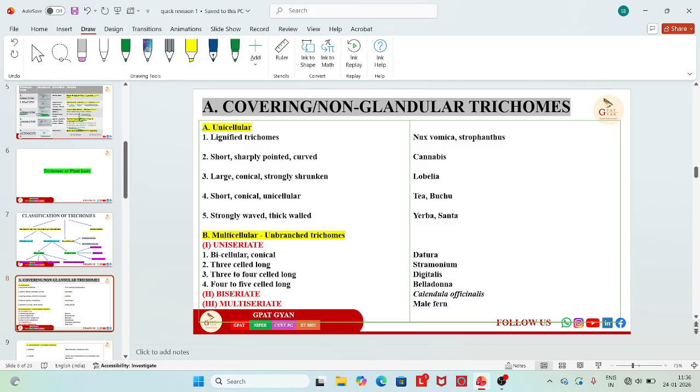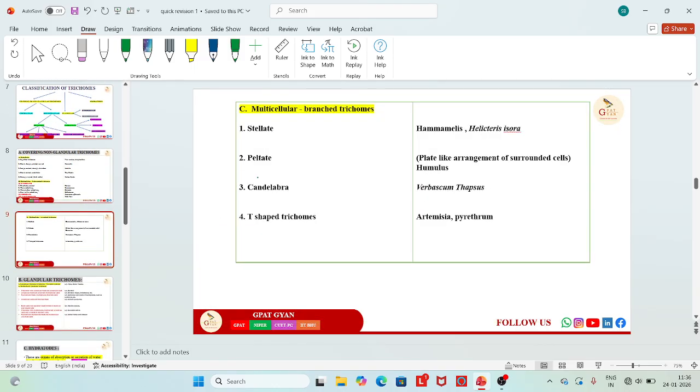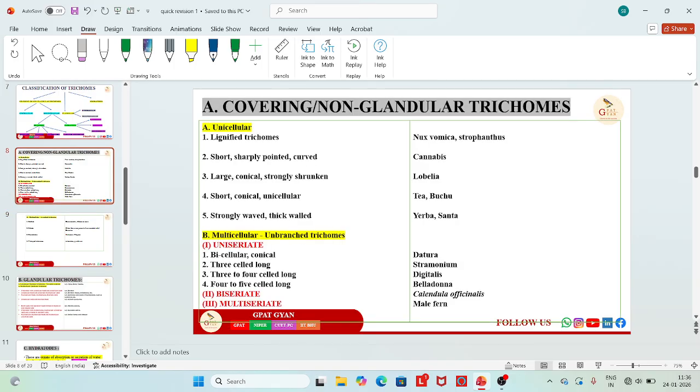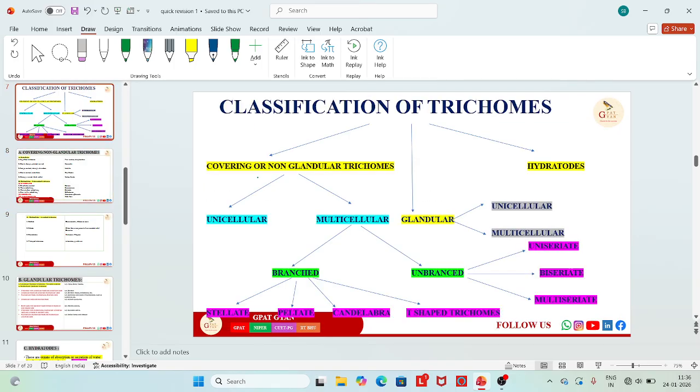So covering trichomes or the non-glandular trichomes are divided into unicellular, multicellular unbranched trichomes and multicellular branched trichomes. So basically they are divided into two, the unicellular and multicellular. Multicellular is further divided into branched and unbranched trichome.